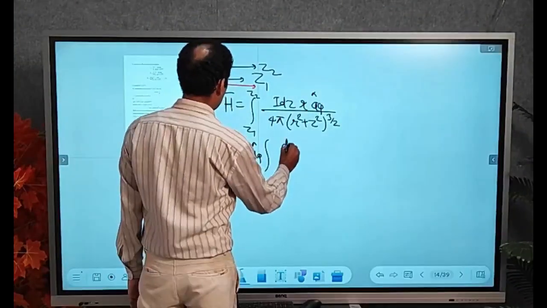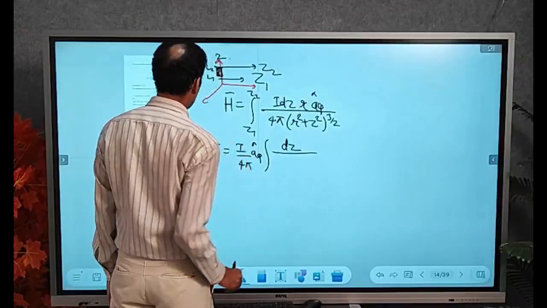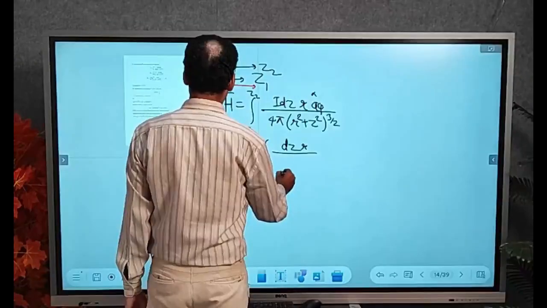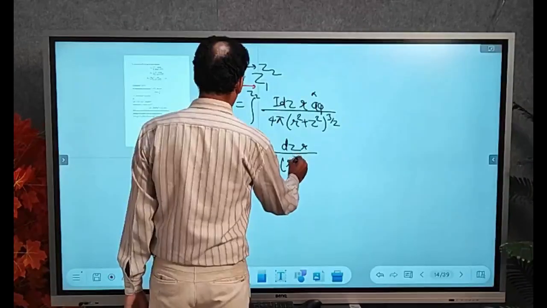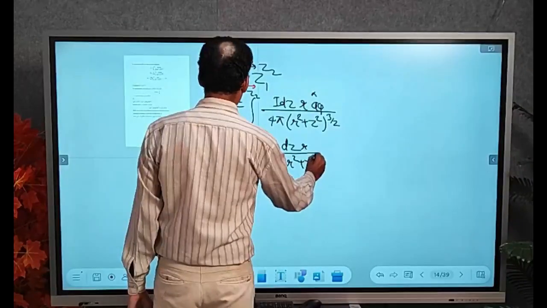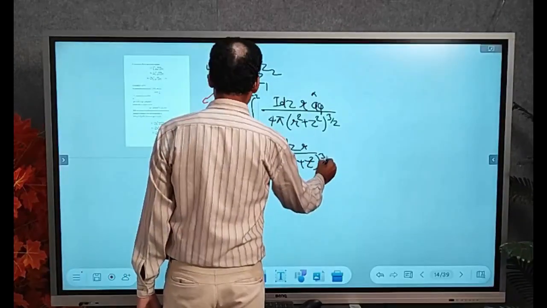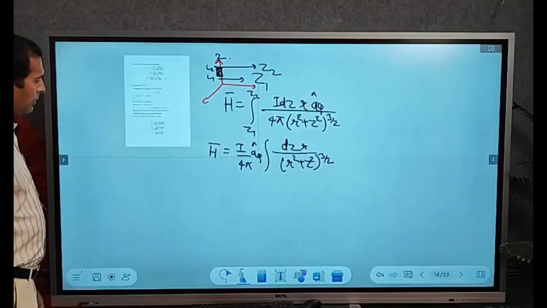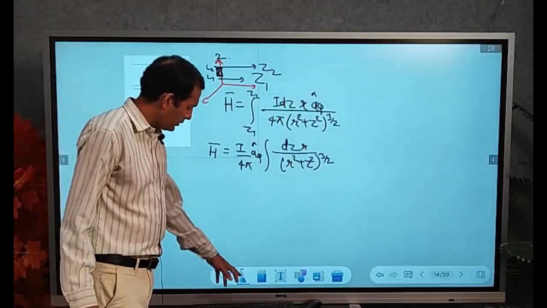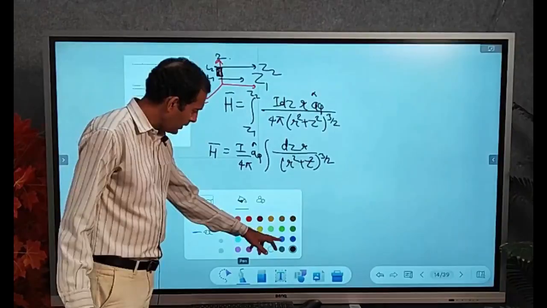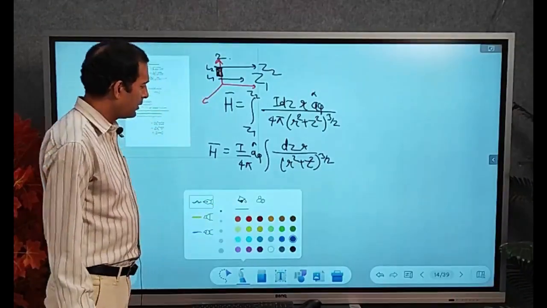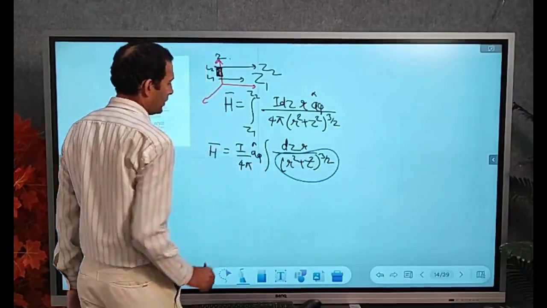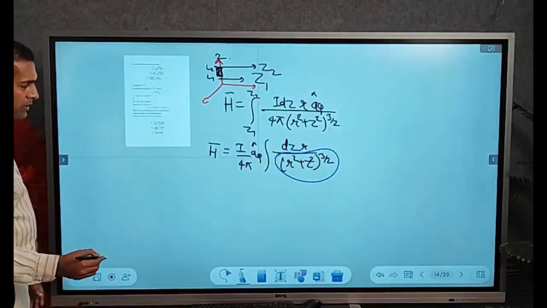Inside we'll keep only the dz term, which we have to integrate, so it will be dz r divided by r square plus z square to the power 3 by 2. Now this one is a complex term, so we have to consider a substitution to simplify it. So we will focus on this one and use some substitution there.